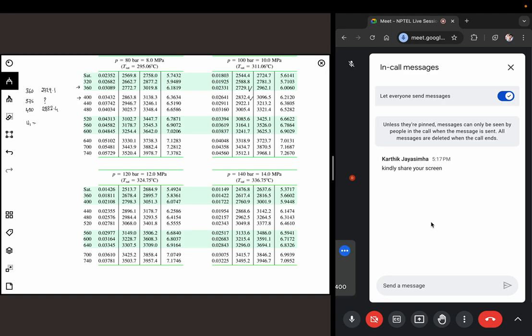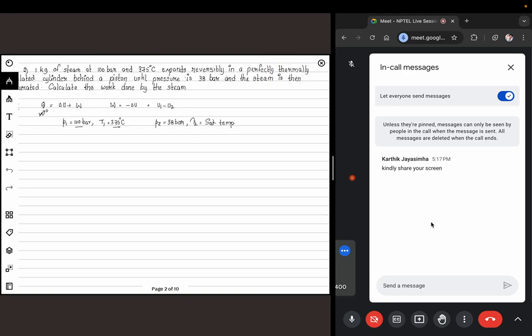So what is the value of U1? Now, how do I calculate U2?